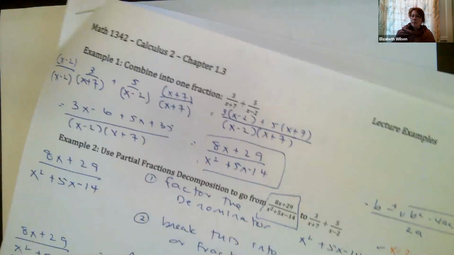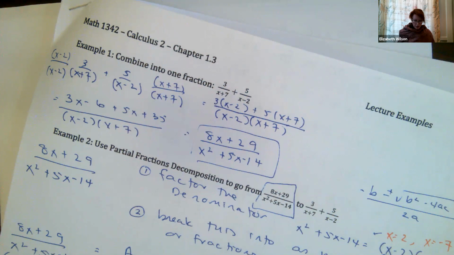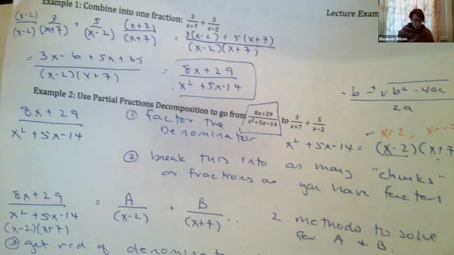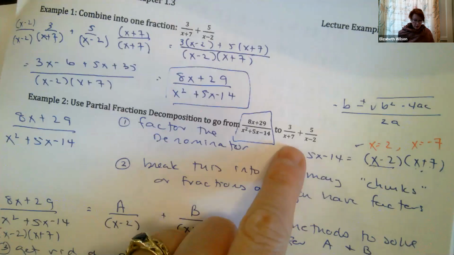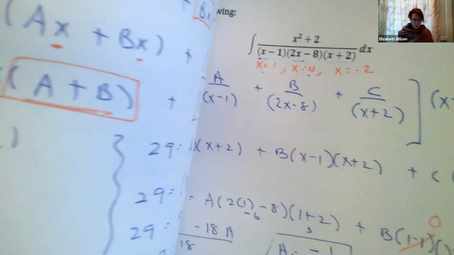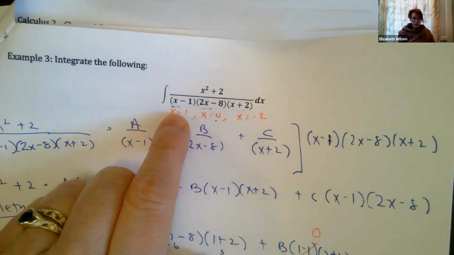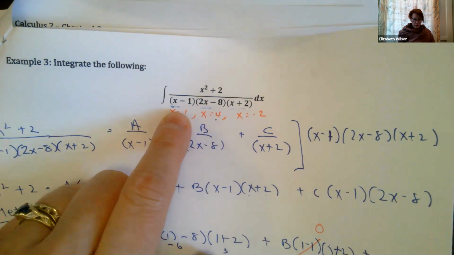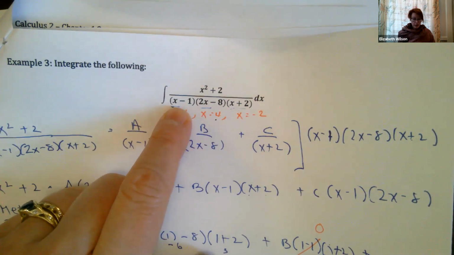Now, just a quick recap of the partial fractions. I've got our general linear factors. So this example here, I just have straight up linear factors, and linear factors means I just have a simple x with a first degree, x to the 1.